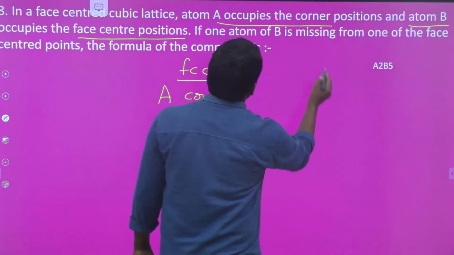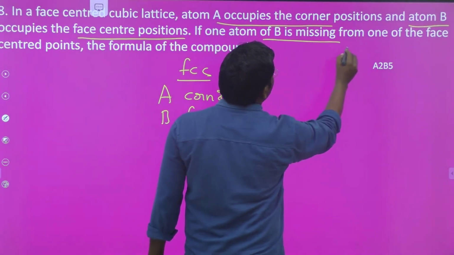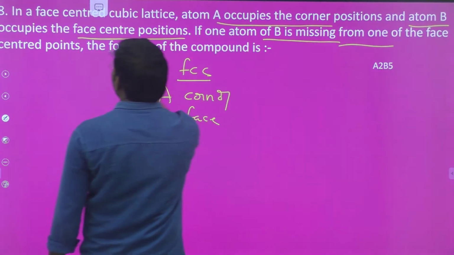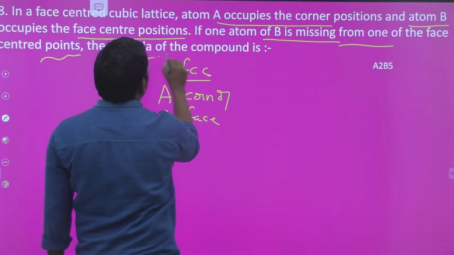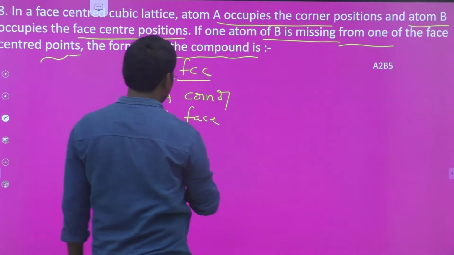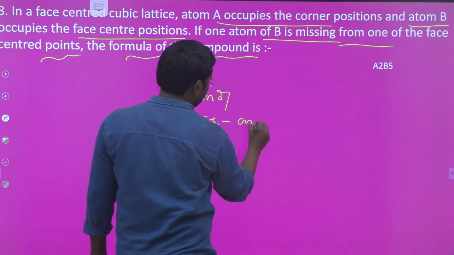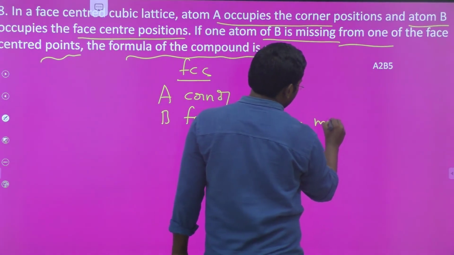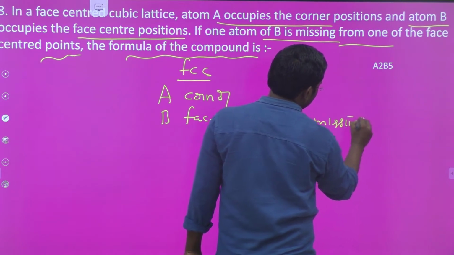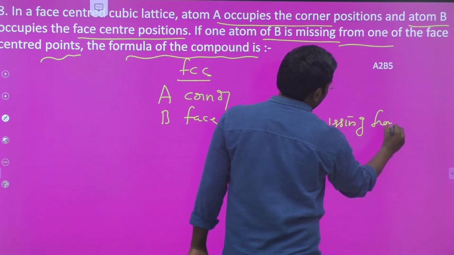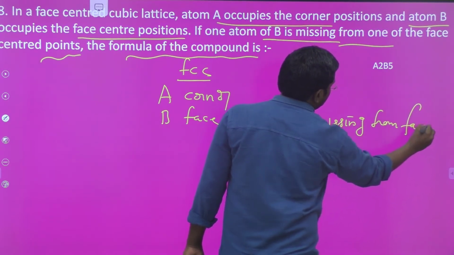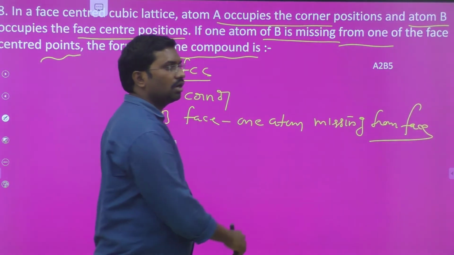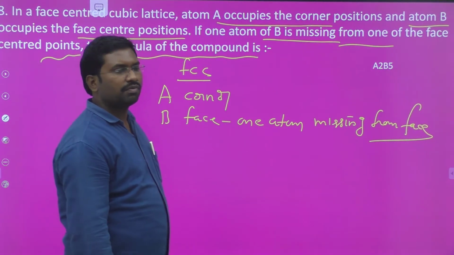That means if one atom of B is missing from one of the face-centered points, the formula of the compound is? So one atom is missing from one face. Now what is the stoichiometric formula for this compound?